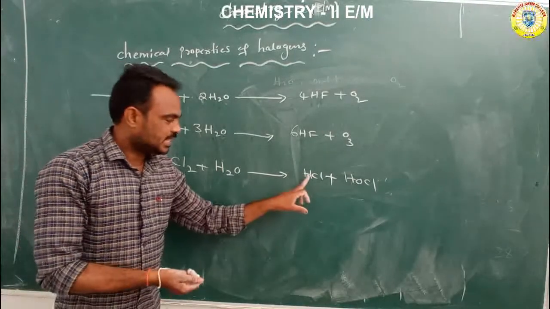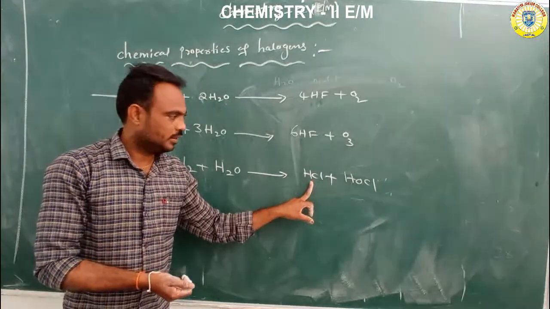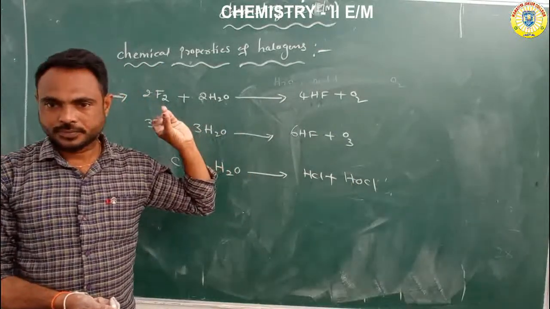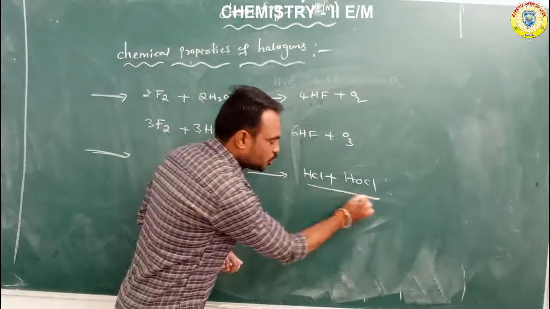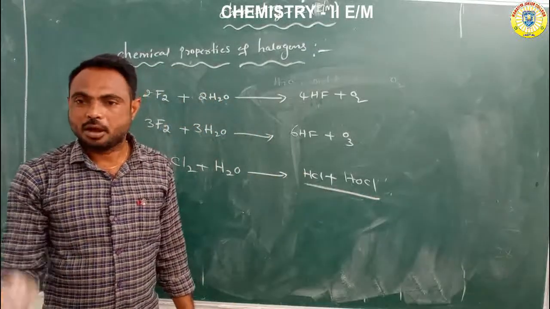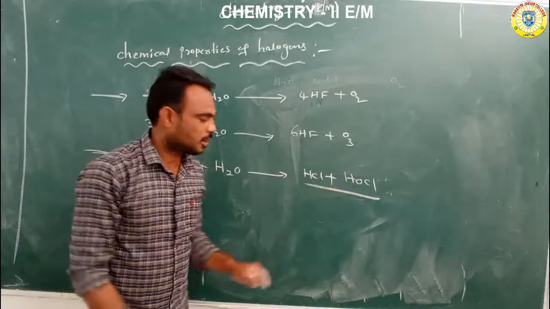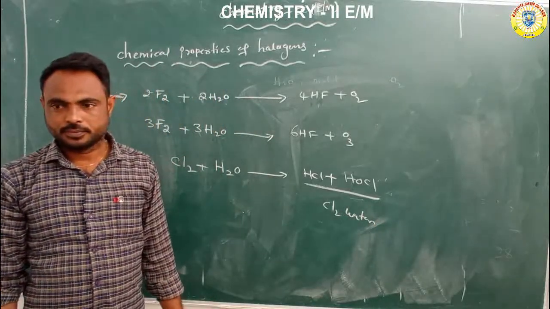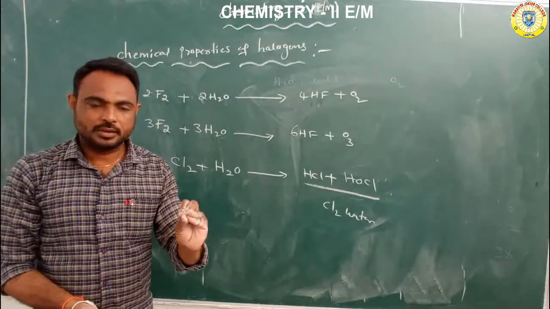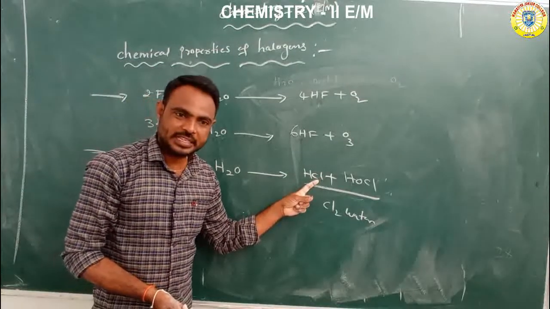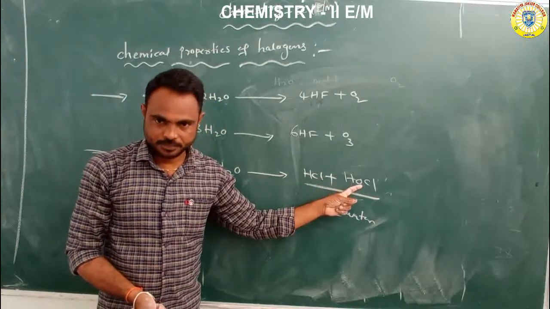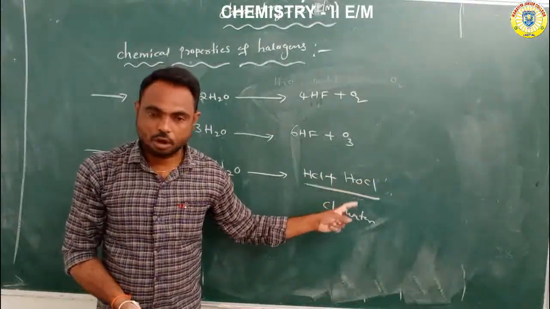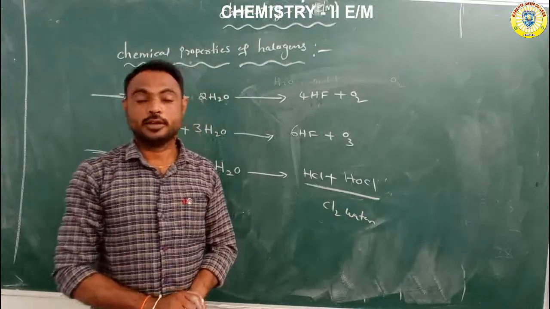The combination of these two components is called chlorine water. What is the meaning of chlorine water? The combination of hydrochloric acid and hypochlorous acid. HCl and HOCl is called chlorine water.